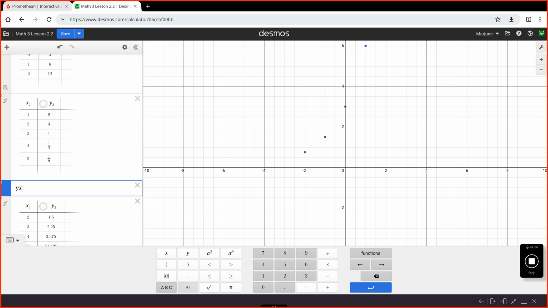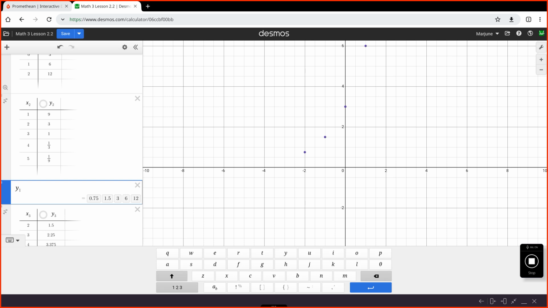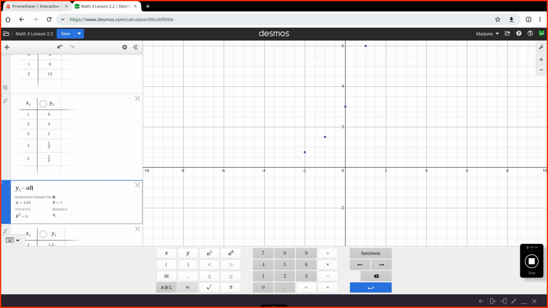Y sub 1 regressed against, so we have the tilde, and then a, and then b, and then raised to x sub 1.